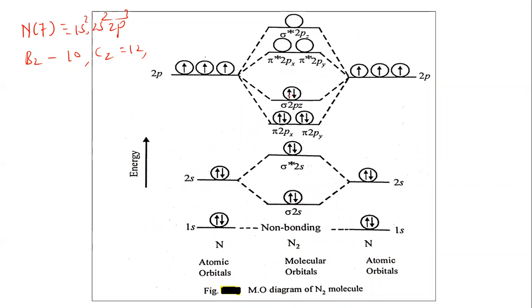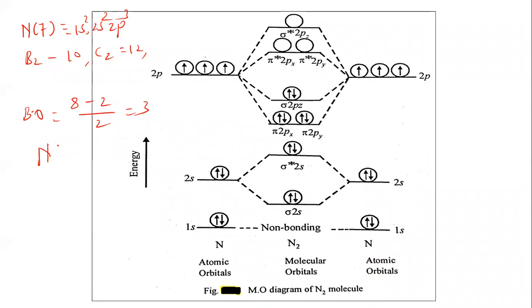So the bond order now. Bond order in the nitrogen molecule. Number of bonding electrons is equal to 2 plus this 4 plus this 2. So 8. Number of antibonding electrons, this 2. Only 2 antibonding electrons are there, divided by 2. So it is equal to 3.